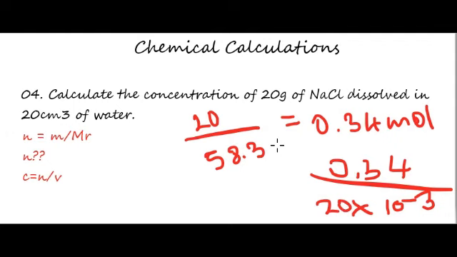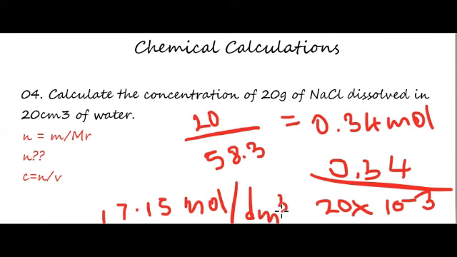Divided by 20 into 10 to the power minus 3, the answer is 17.15. Write the unit, moles per dm3. That's the answer for this question.